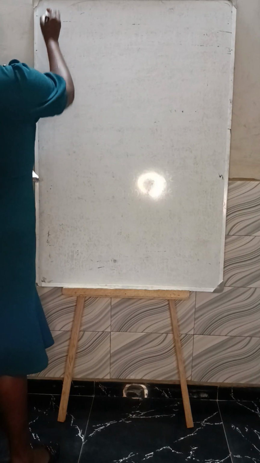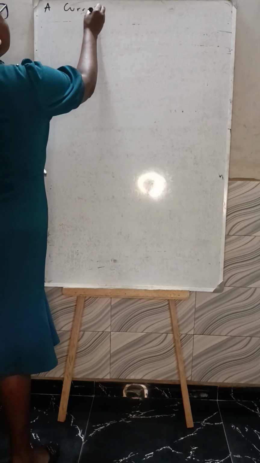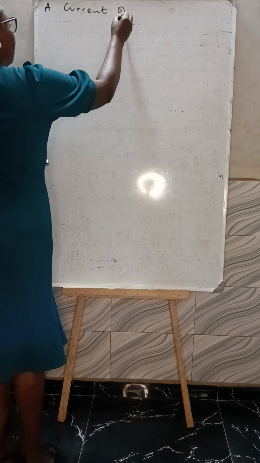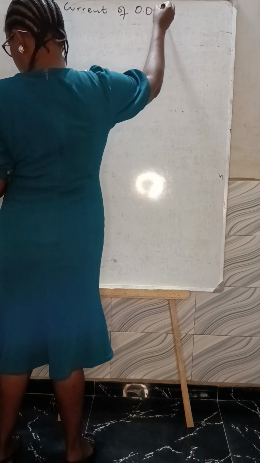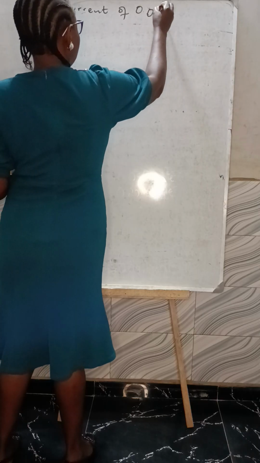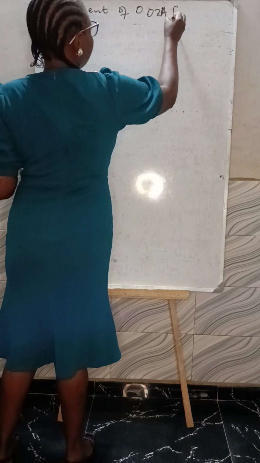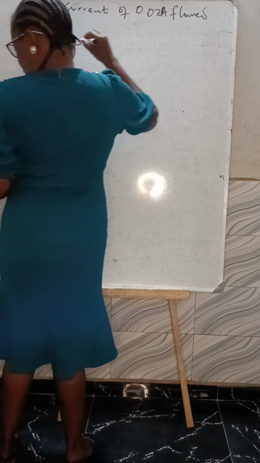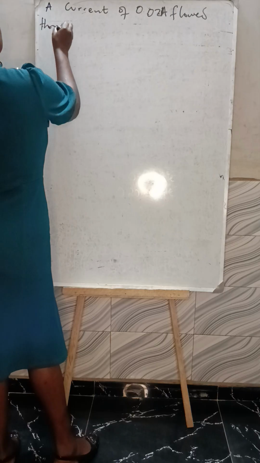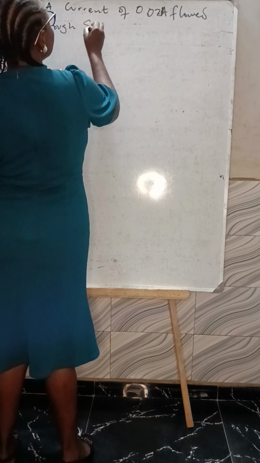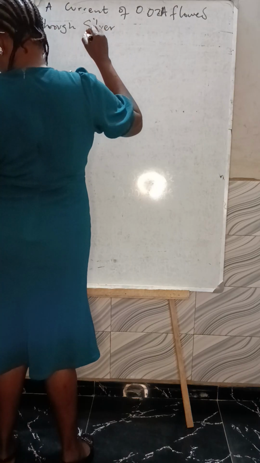Again, we have again will be a current of 0.02 amp, silver.